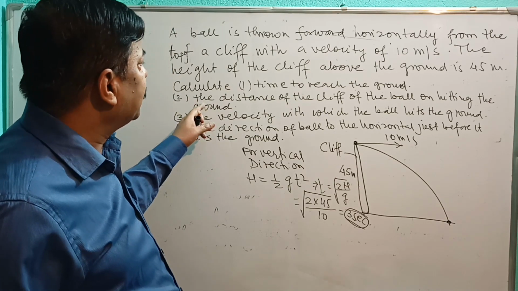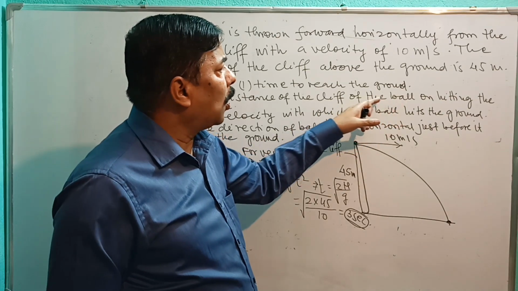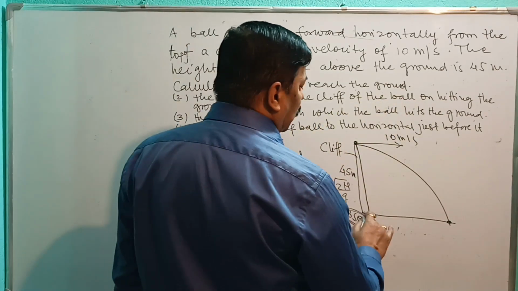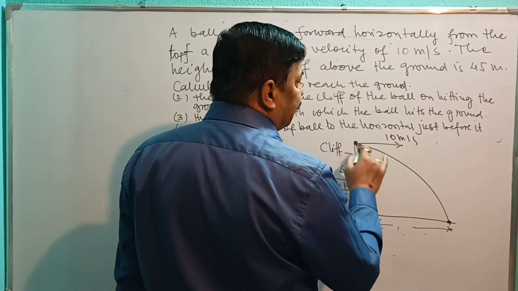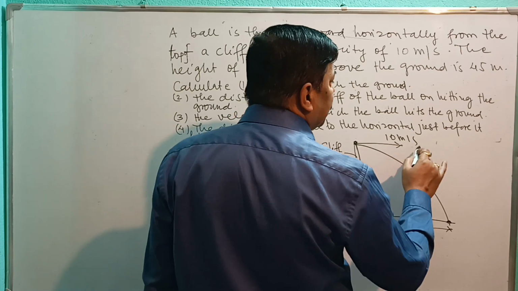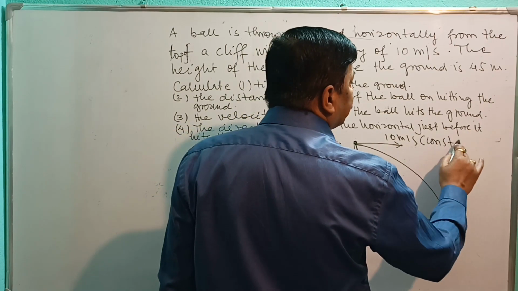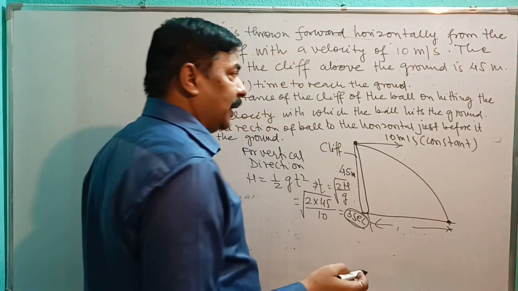Second question says the distance from the cliff of the ball on hitting the ground. That means they are talking about this distance. This horizontal distance we consider constant. Why? Because we have not considered the air resistance.